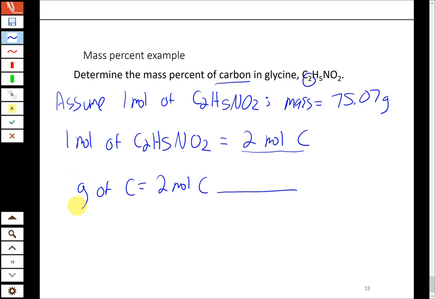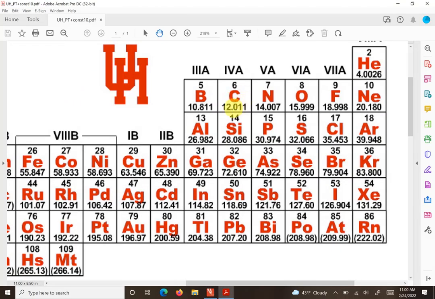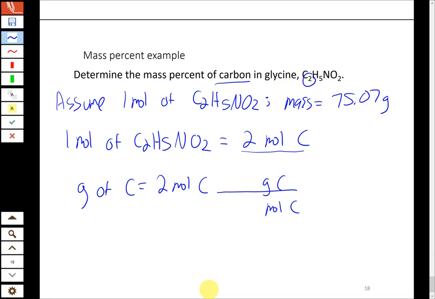We're looking for grams of carbon, and we want moles of carbon to cancel, so that's just going to be the atomic mass of carbon from the periodic table, 12.01 grams per mole. We multiply by 2 moles, so this substance with 2 moles of carbon present has 24.02 grams of carbon.